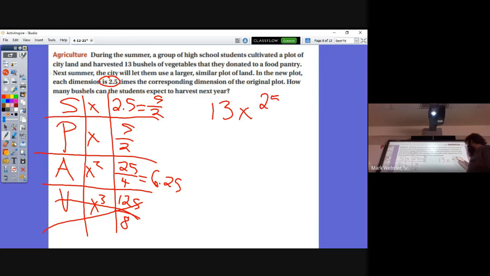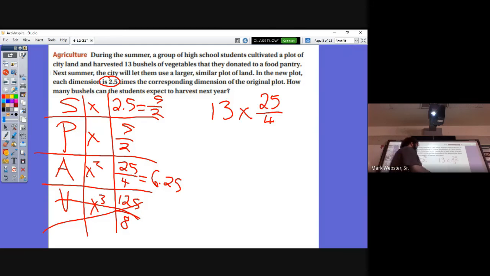25/4, right? We're going from the small one to the big one, so we want our final answer to be bigger than what we had before, right? So 13 times 25 divided by 4, I want to say it's like 81 something. 13 times 25 divided by 4.